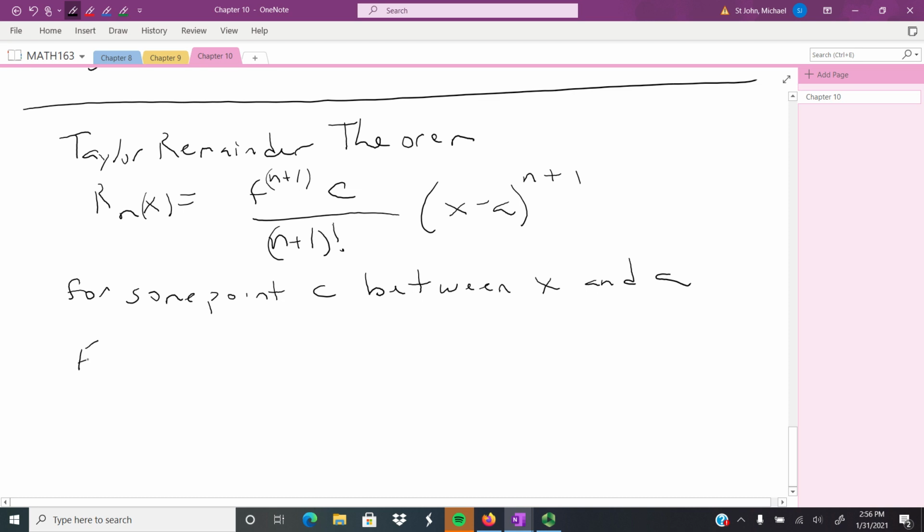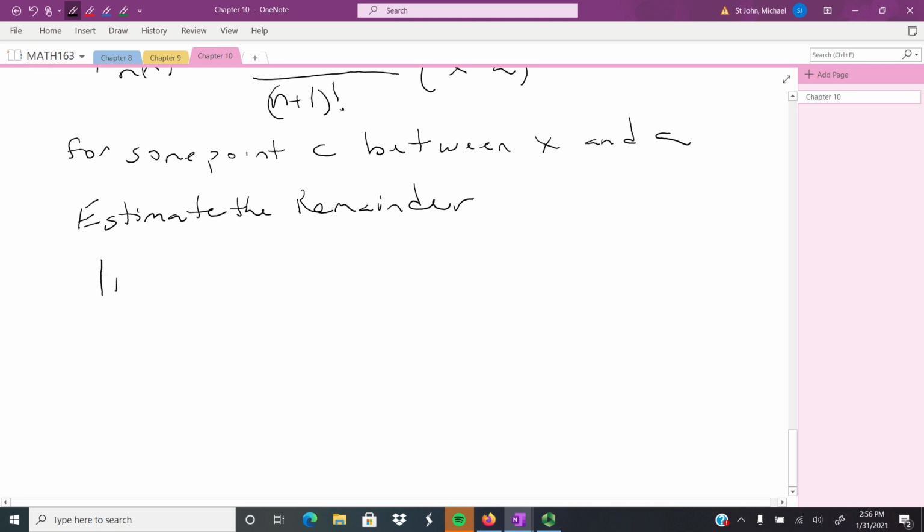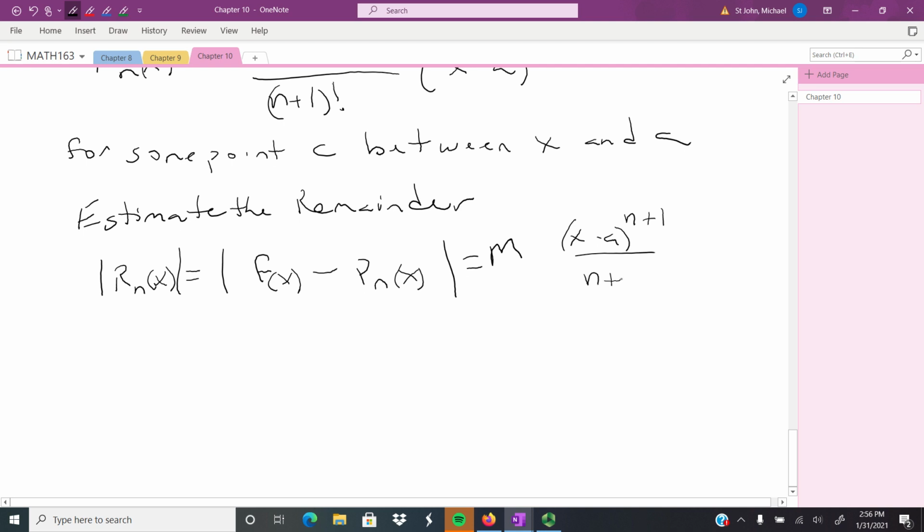And then we can estimate the remainder, which is given by f of x minus the power series at x, which is going to be less than or equal to M times x minus a to the n plus 1 over n plus 1 factorial.